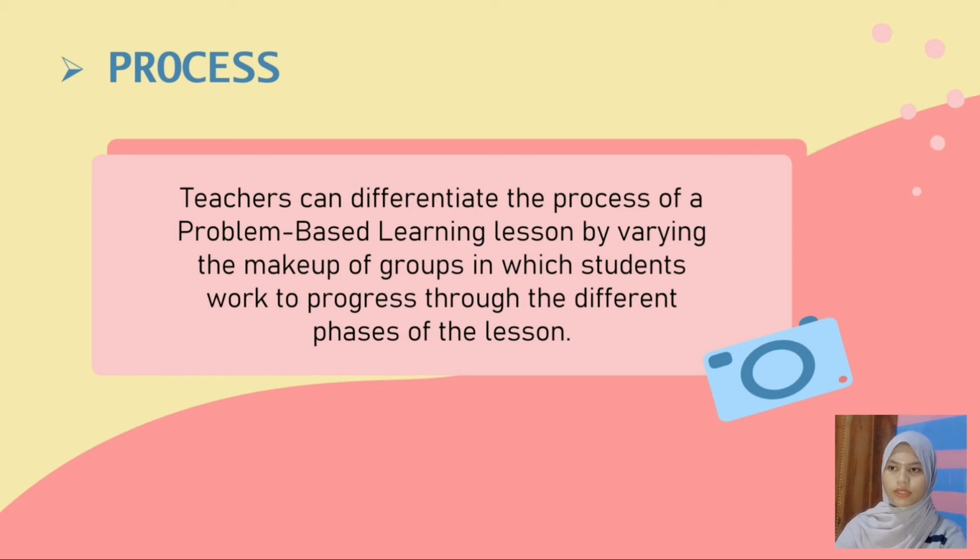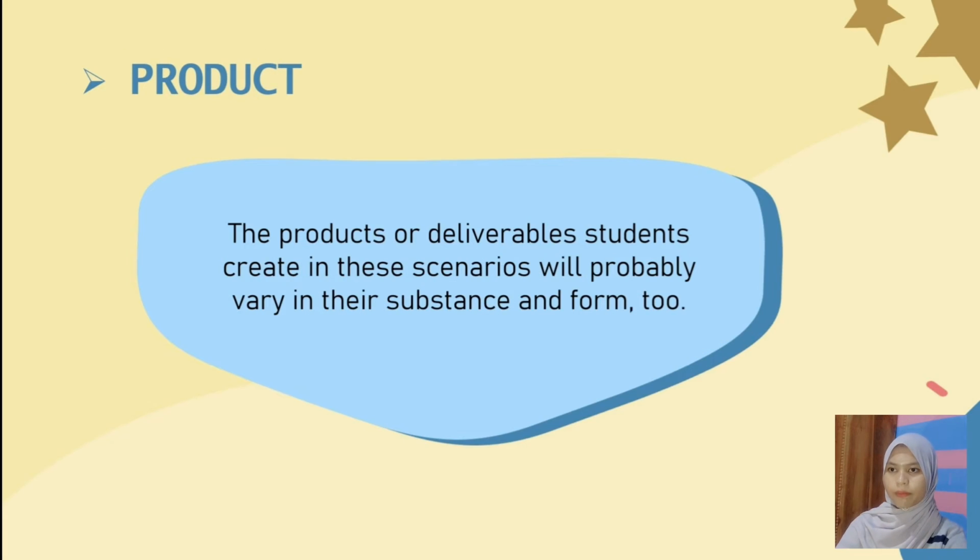Next, process. Teachers can differentiate the process of a problem-based learning lesson by varying the makeup of groups in which students work as they progress through the different phases of the lessons. And the next, product. The product or deliverable students create in these scenarios will probably vary in their substance and form too.